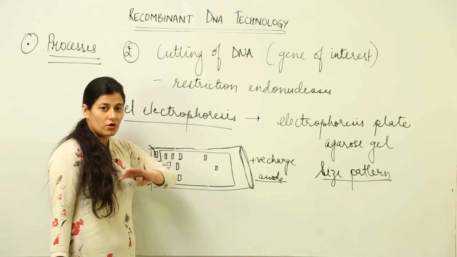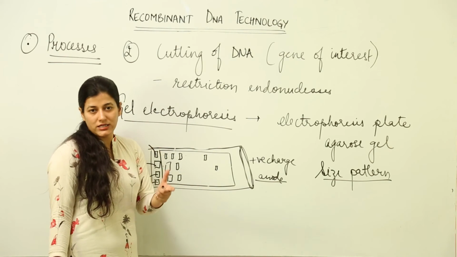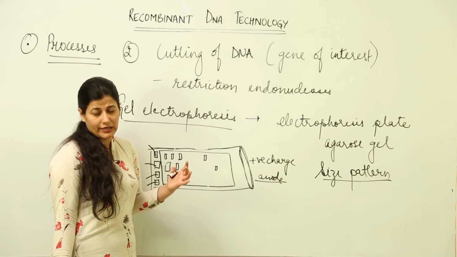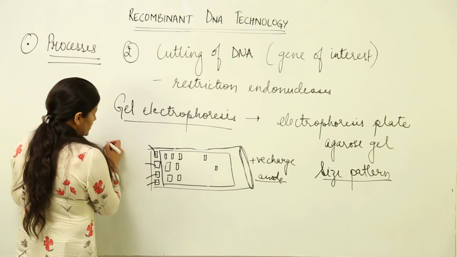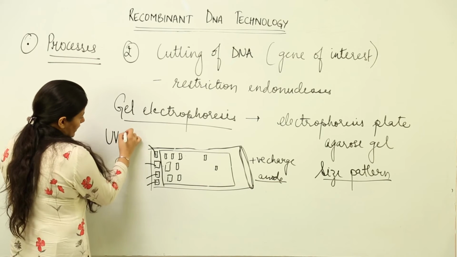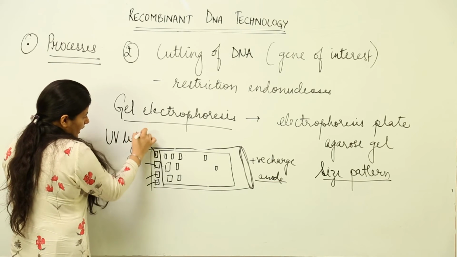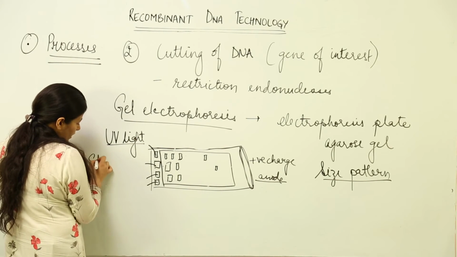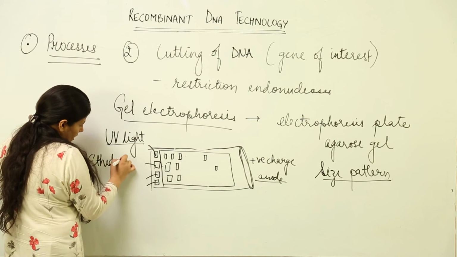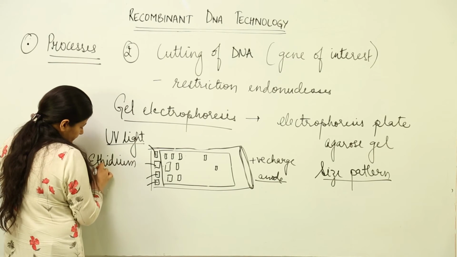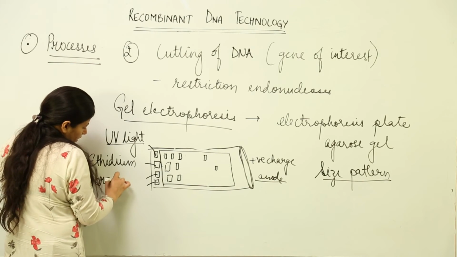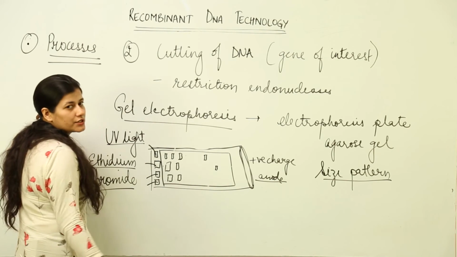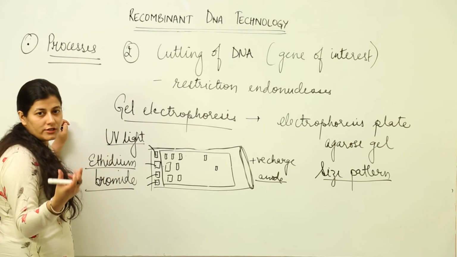Now, DNA cannot be seen in visible light. White light is not capable enough to make you see DNA. So what is done is that you use UV light. In ultraviolet light, when DNA is stained with a dye known as ethidium bromide, it glows as orange bands.